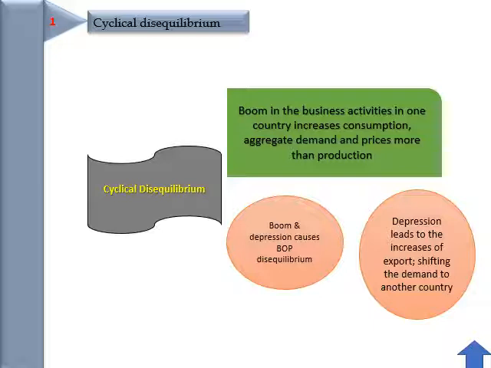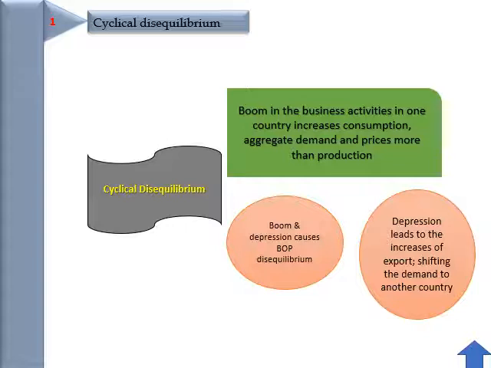Business or trade cycles, which occur regularly in a free market economy, influence the balance of payment through their effect on the level of economic activities. For example, economic recession or depression will lead to a decrease in imports and an increase in exports, leading to a surplus in the balance of payment.